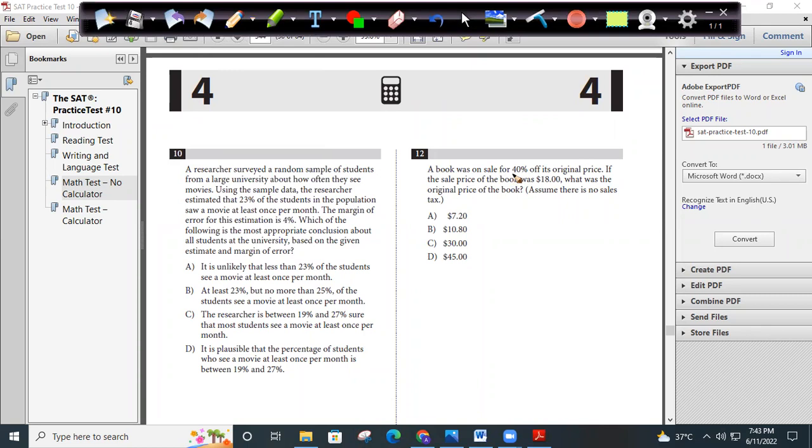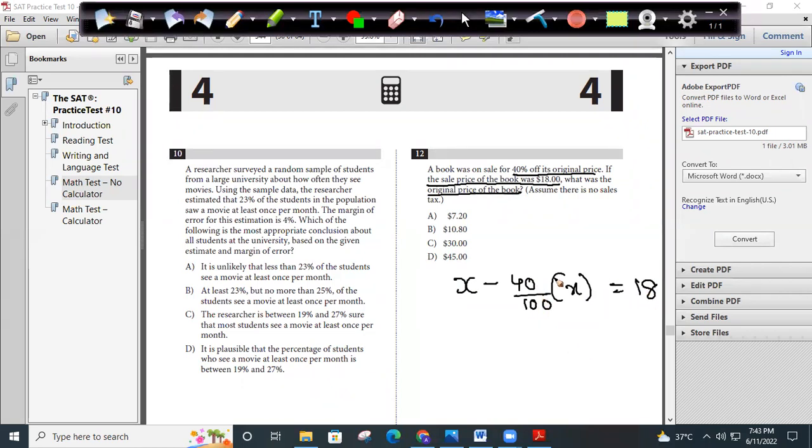A book was on sale for 40% of its original price. If the sale price of the book was $18, what was the original price of the book? If the original price of the book is X, X minus 40% of X is 18.